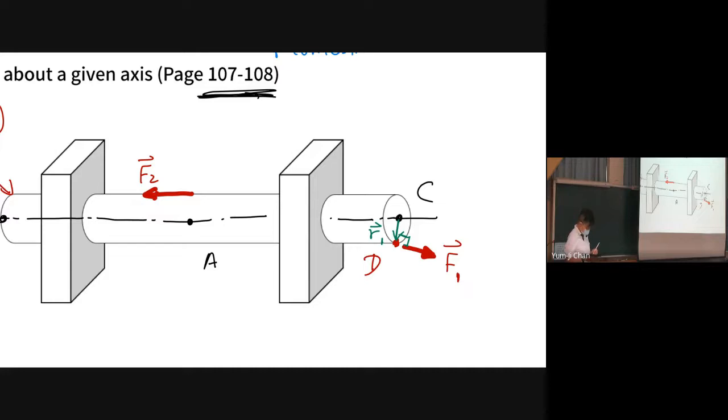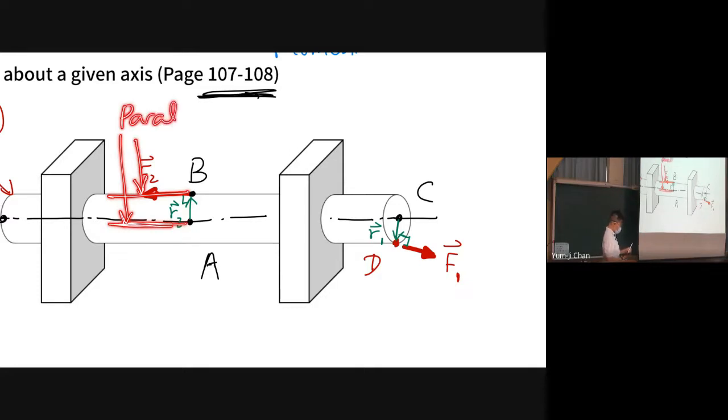This one acts on point B, and the direction of F2 is parallel to OC. Okay, F2 is parallel to OC.